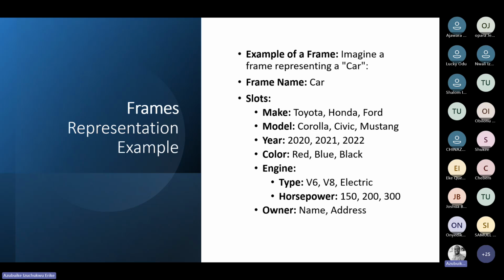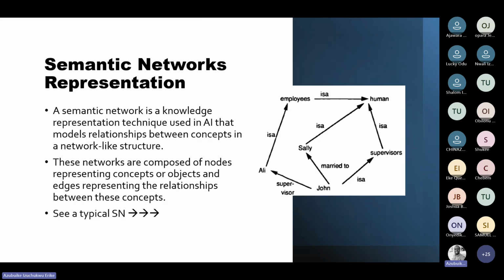Okay, then we have the semantic network. A semantic network is a knowledge representation technique used in AI, which models the relationship between concepts in a network-like structure.